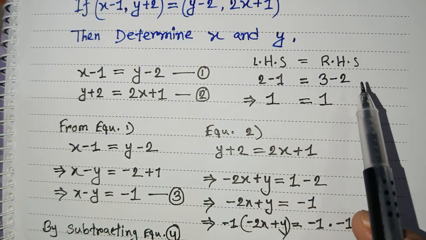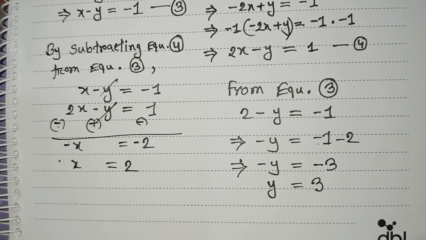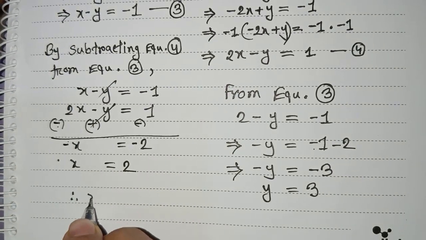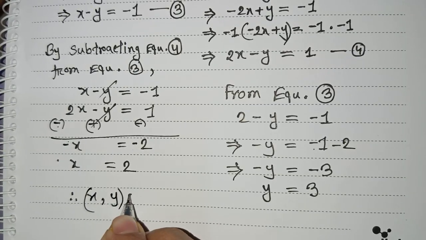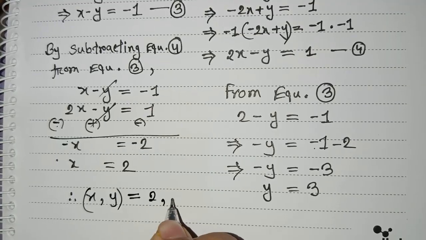Left hand side and right hand side are balanced. So our values of x and y are valid. So x comma y equals respectively 2 comma 3.